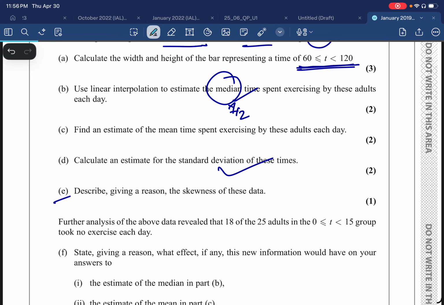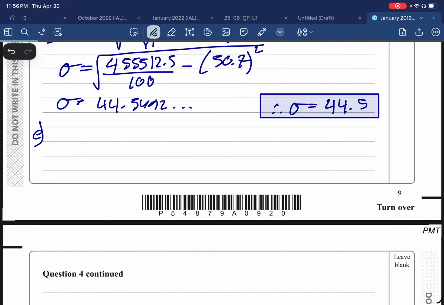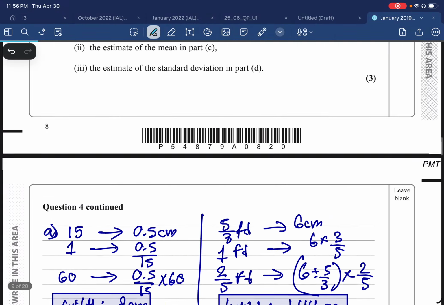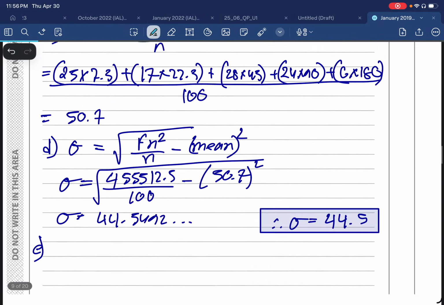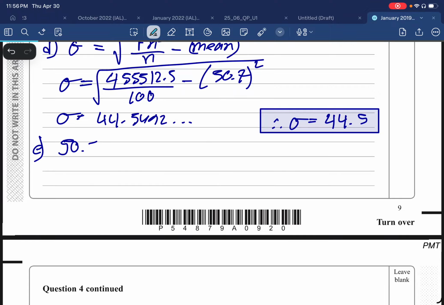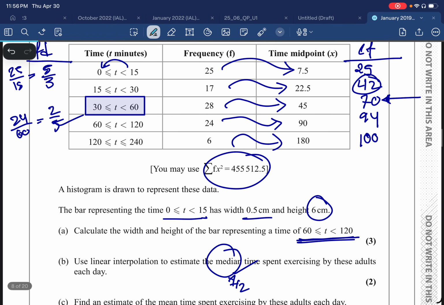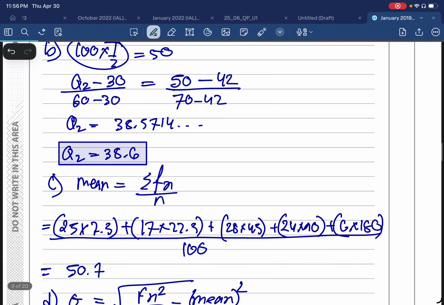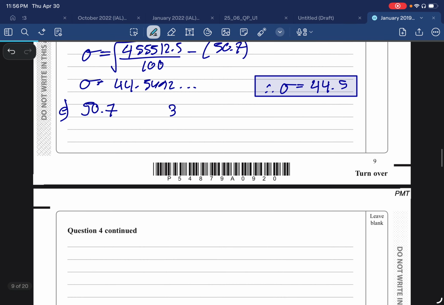E, describe giving a reason the skewness of these data. Now, we're going to be looking for the median, and we're going to be looking at the mean. So, our mean is 50.7. The Q2 that we got is 38.6.